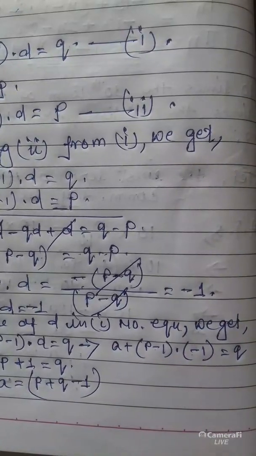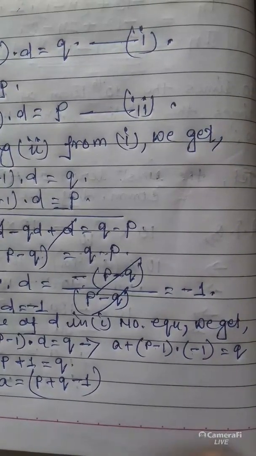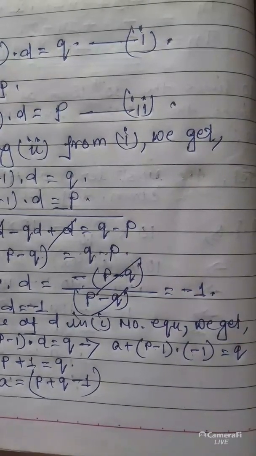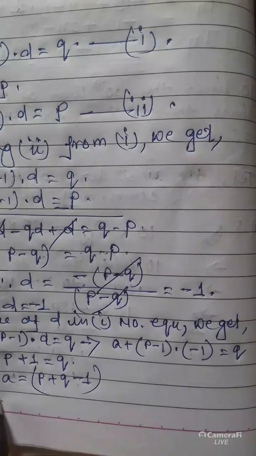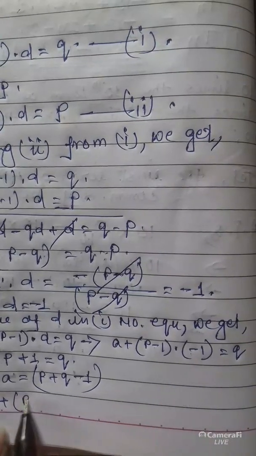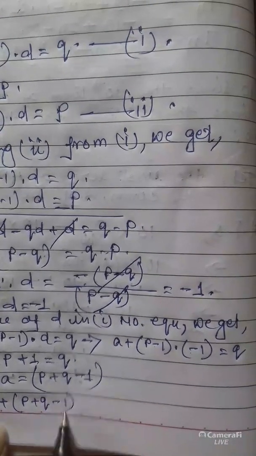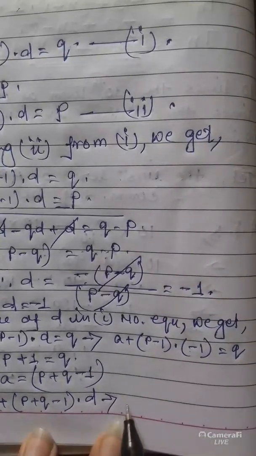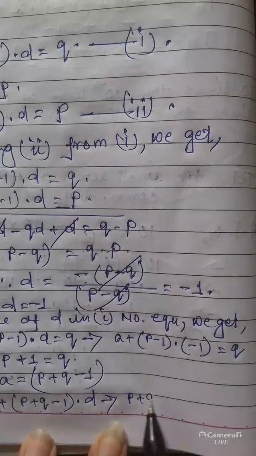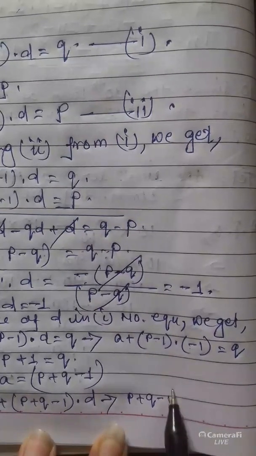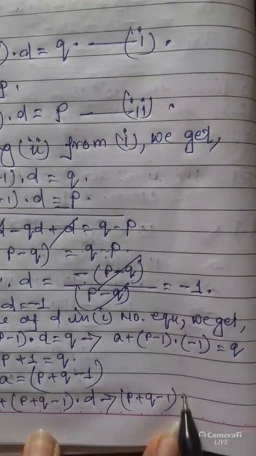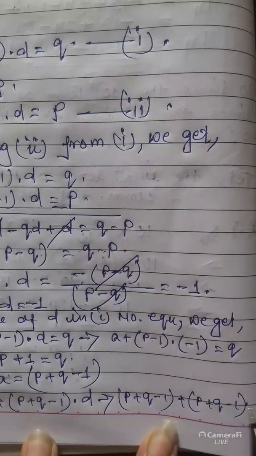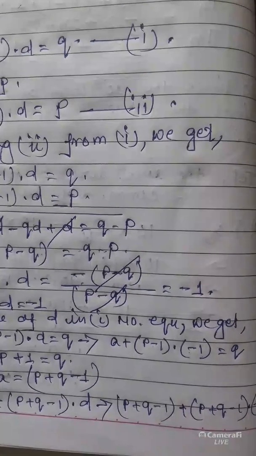Now we have to find the (P plus Q)th term. So T P plus Q equal to A plus P plus Q minus 1 into D. Now we have A equal to P plus Q minus 1, plus P plus Q minus 1 into D for minus 1.